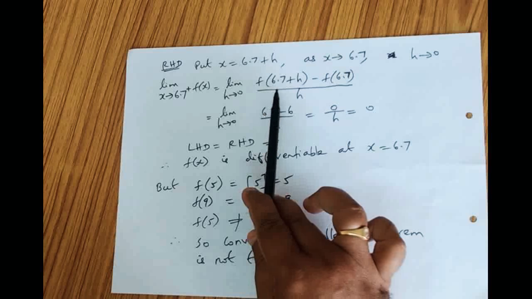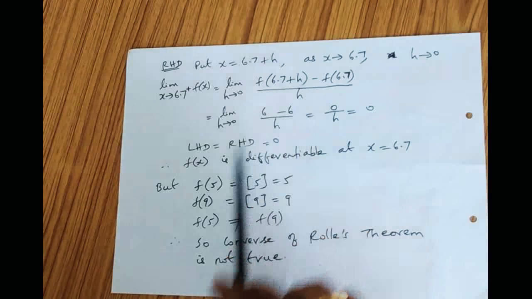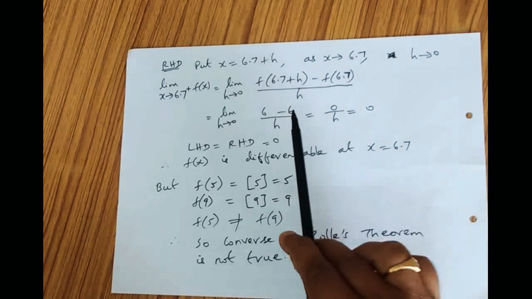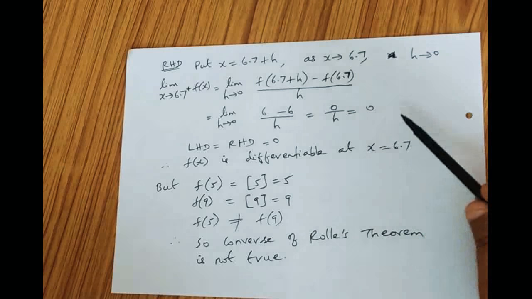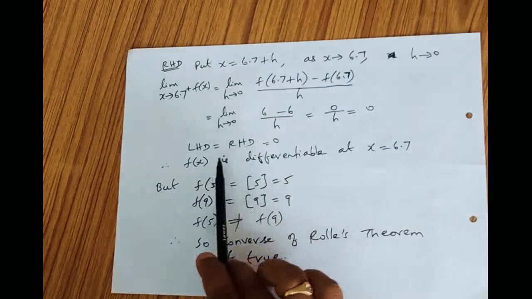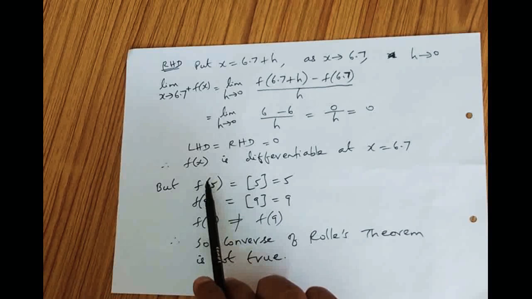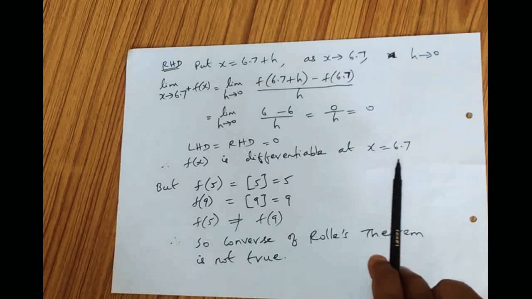We already saw the greatest integer of 6.7 plus h is equal to 6. Also the greatest integer of 6.7 is 6, by h. So 6 minus 6, that is 0 by h, is equal to 0. So LHD is 0, RHD is also 0, both equal. Therefore f of x is differentiable at x is equal to 6.7.